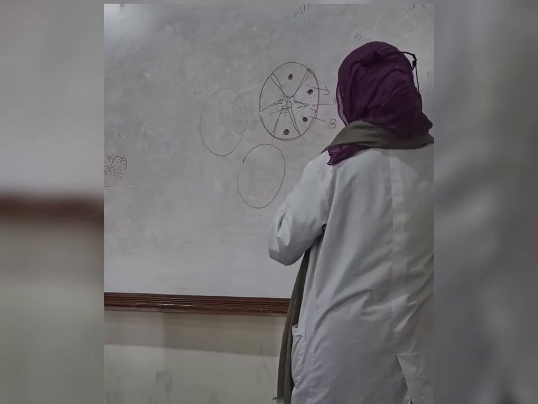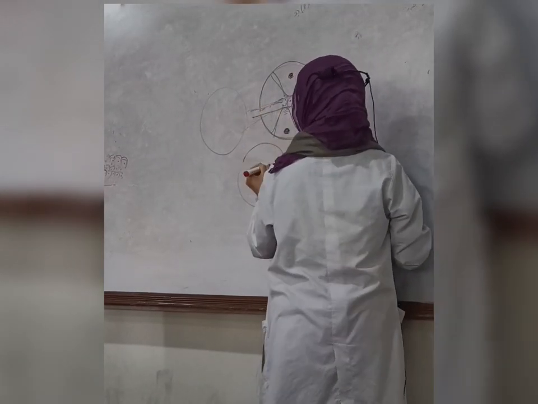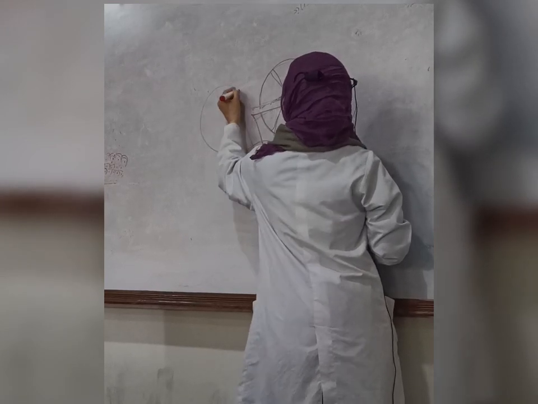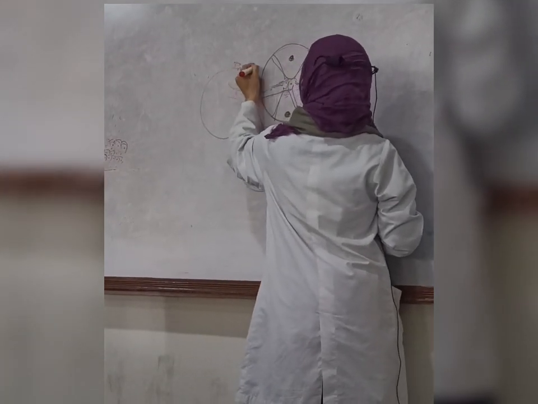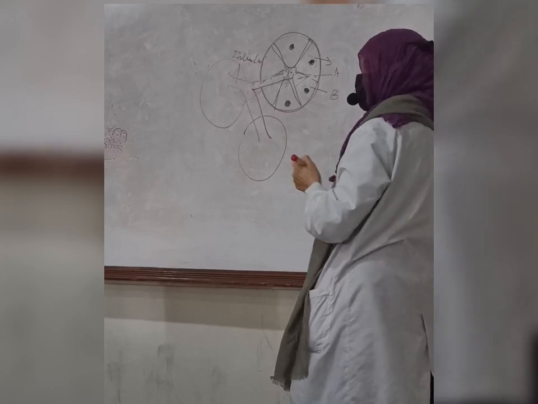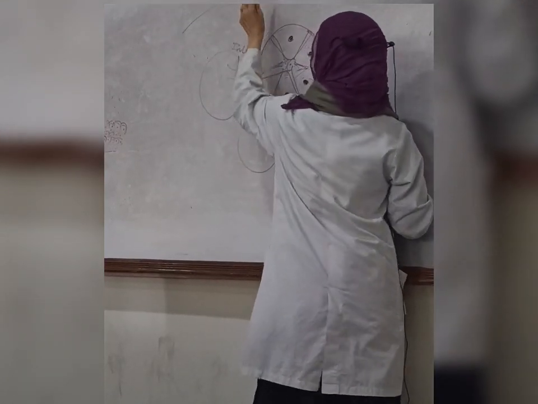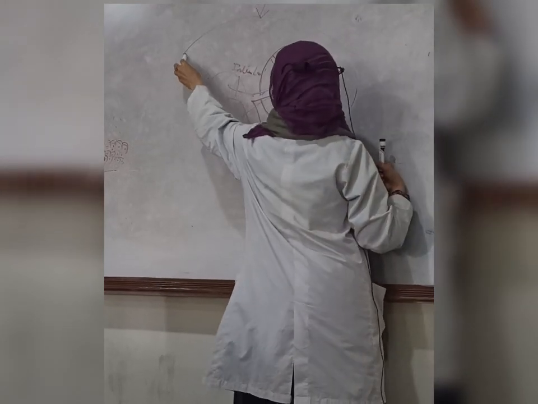So the intercalated duct from here and from here are now forming the intralobular duct. What it means is, at the start we said that there lies a capsule, and the capsule gives septa.